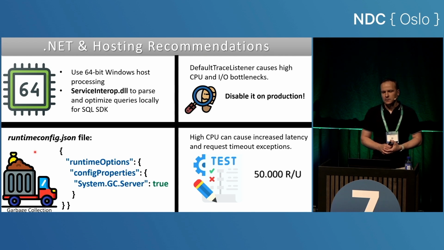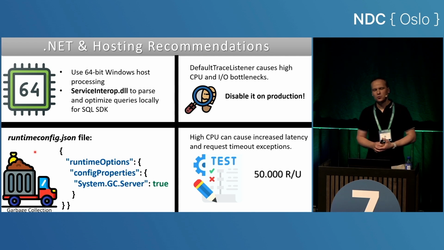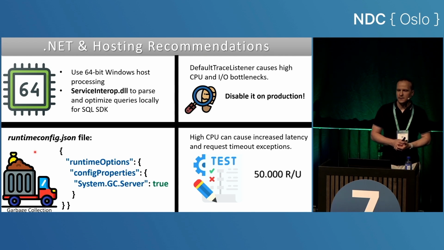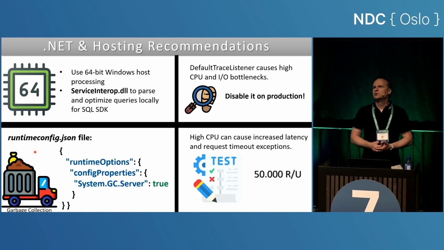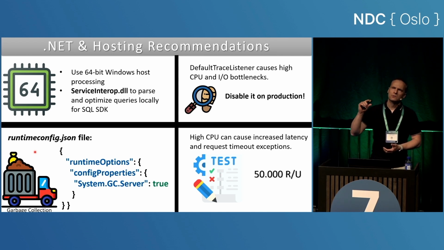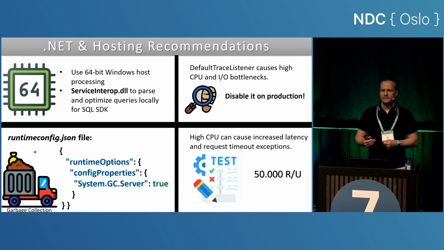Next one is the default trace listener. You want to be sure that you disable that in production because it can create bottlenecks in production. Also, the garbage collection, you want to be sure that you use the server mode, not the workstation mode. That can create problems for you too. And if you are doing any kind of testing in Cosmos DB, and if your request unit is higher, well, the website says 50,000, but I will recommend 40,000 or higher.